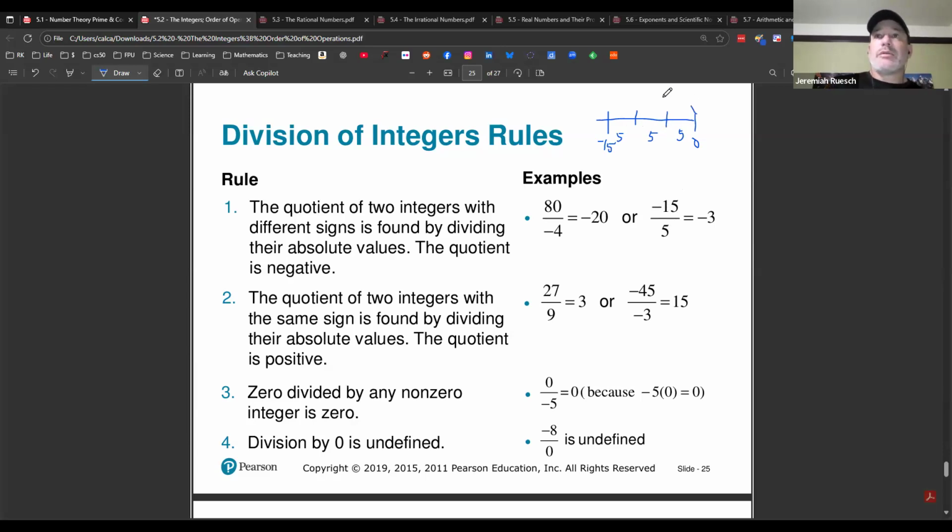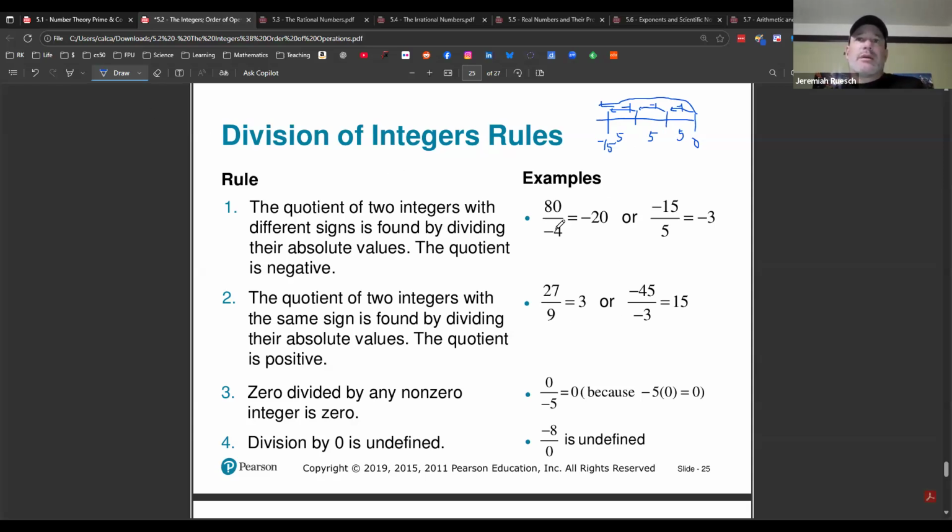And so the total number to hop all the way here, well, I had to hop once here, that's a -1 direction. I had to hop once here, that was a -1 direction, and I had to hop one more time here in the -1 direction. So that's the total of -3 hops of size 5 to get to -15. So that's what I'm referring to when I'm talking about these equal size groups.